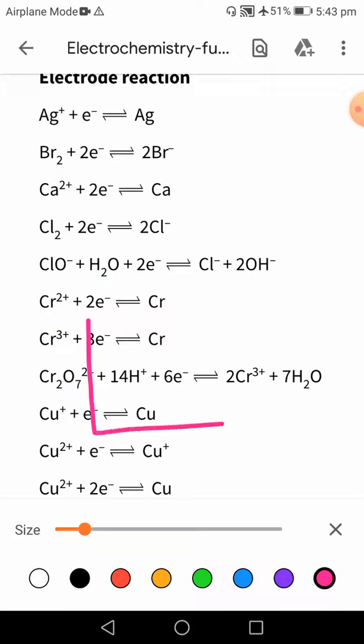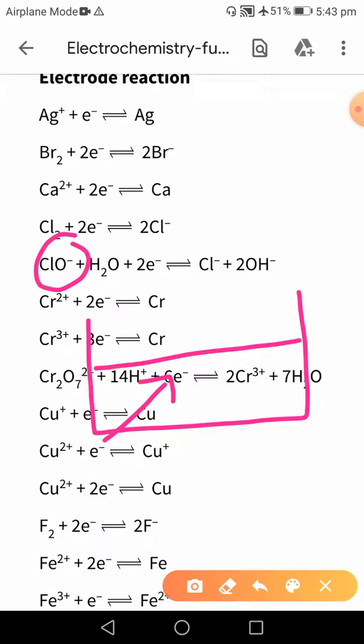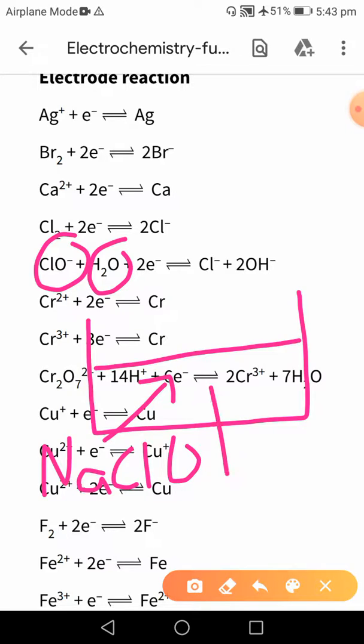I'm taking a beaker, and for negative ions I prefer sodium or potassium salt, and for positive ions I prefer nitrate salt. So for ClO I am taking NaClO.